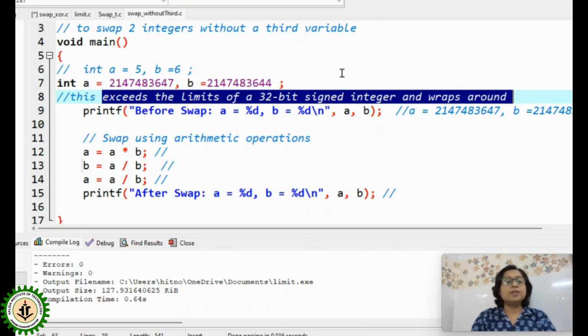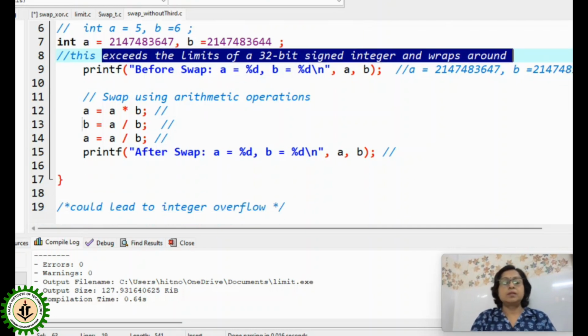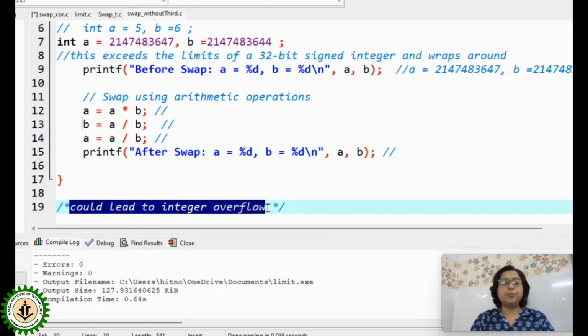So the value we want to interchange will never be represented correctly. That is why we are not getting the correct result here. So we have to be very careful about these range issues. We call it the integer overflow problem. This integer overflow problem we can overcome.